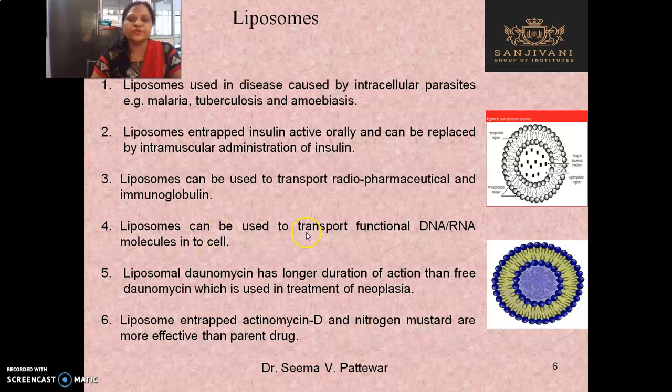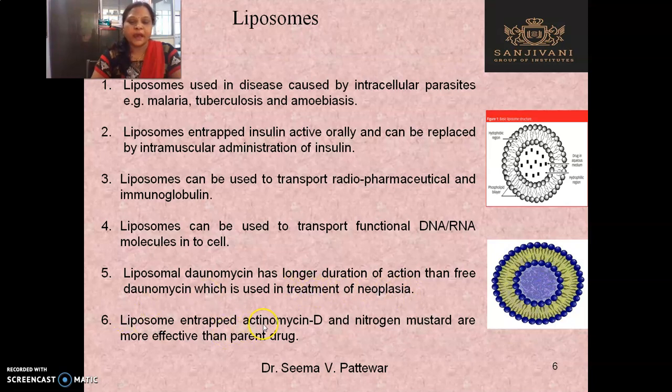Liposome can be used to transport functional DNA and RNA molecules into the cell. Liposomal daunomycin has a longer duration of action than free daunomycin, which is used in the treatment of cancer, that is neoplasia.